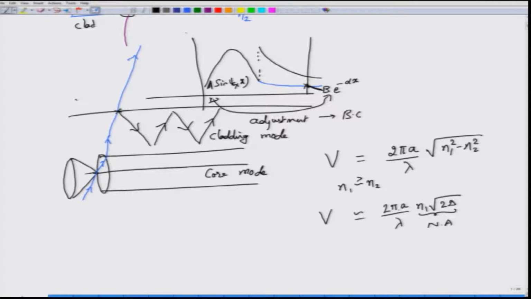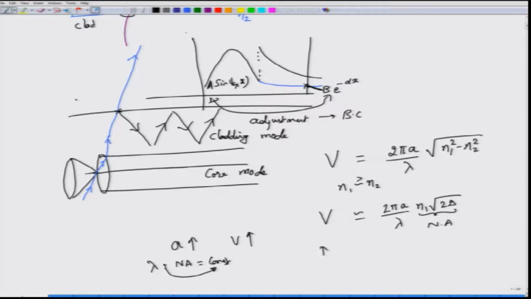So if I were to increase a, while keeping the numerical aperture constant and the wavelength also constant, then what happens? V increases.